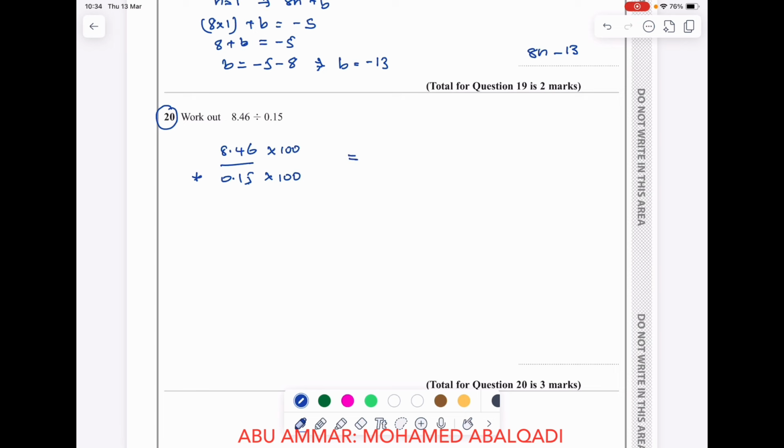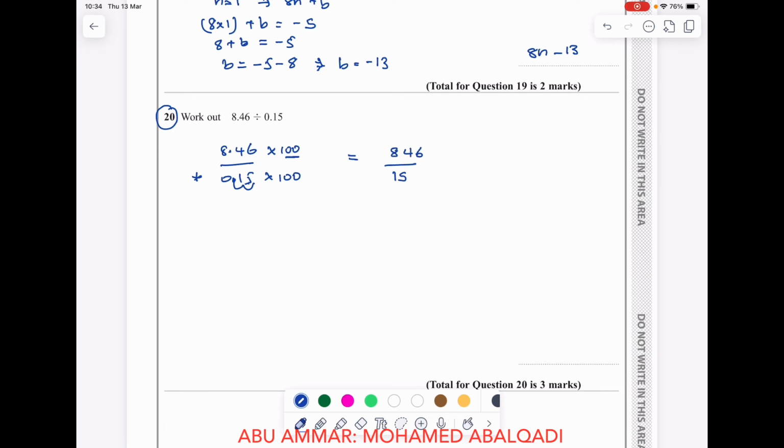So 0.15 times 100, we shift this decimal place to the right 2 places, and this will be 15. And we do again 8.46 times 100, we shift the decimal place to the right 2 places because of the 2 zeros here, and this will be 846.